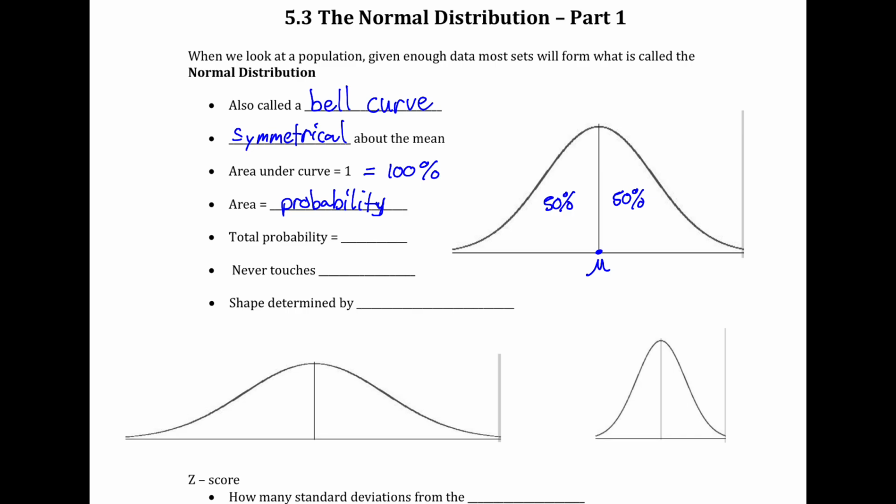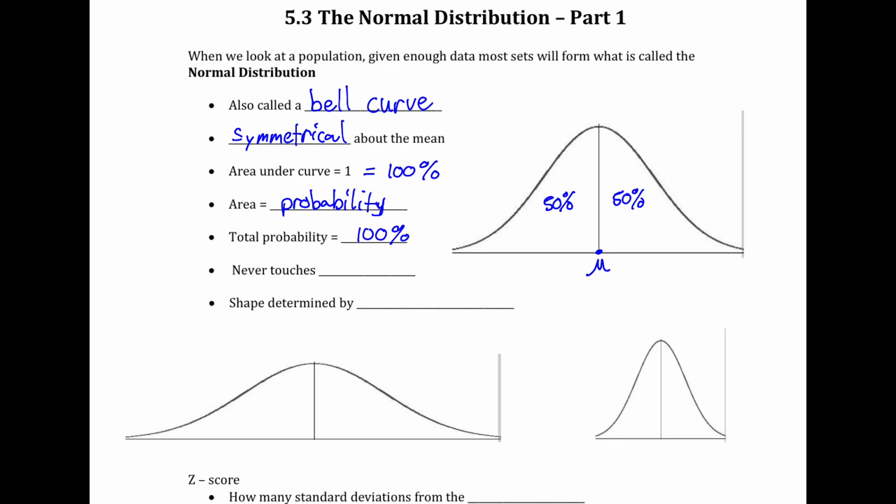So half the data is below the mean and half the data is above the mean. And so how much of the curve tells you where you are in the probability data. Total probability, which I already wrote, is 100%, because probability has to be 100%. So everywhere under here has to add up to 100, or 1 if we're using decimals.